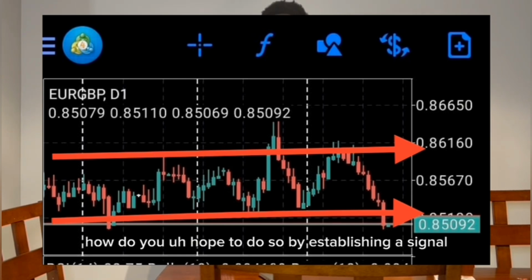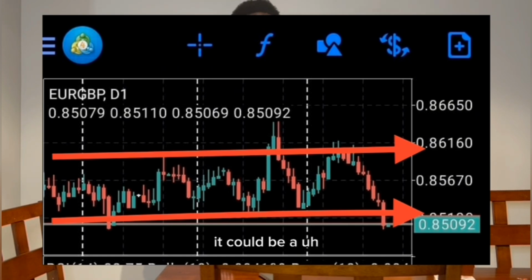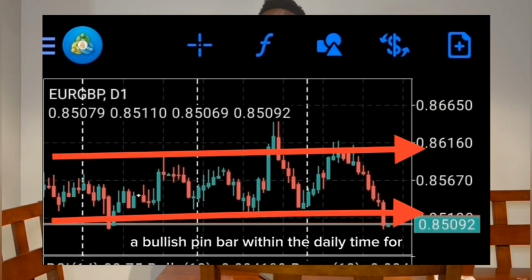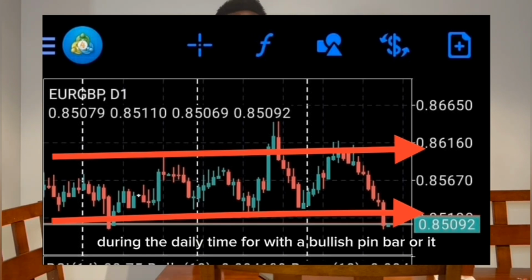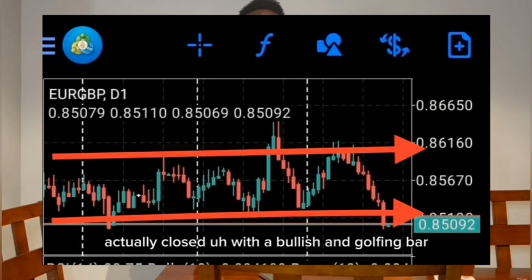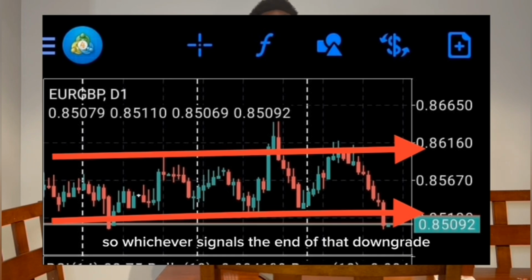By establishing a signal. It could be a bullish pin bar within the daily time frame. If it closed during the daily time frame with a bullish pin bar, or it actually closed with a bullish engulfing bar, whichever signals the end of that downtrend and the possible beginning of an uptrend.